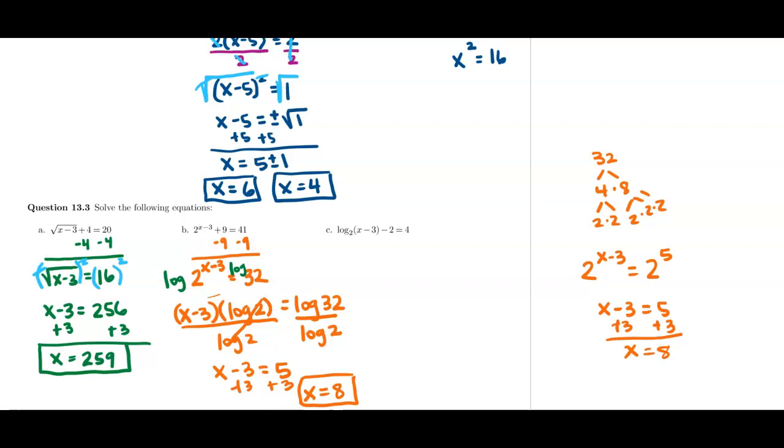Okay, what about this last one here? Let's look at this one. Somebody just type into your chat, what is the first thing that you would do to try and solve this part C? What are we going to do first?